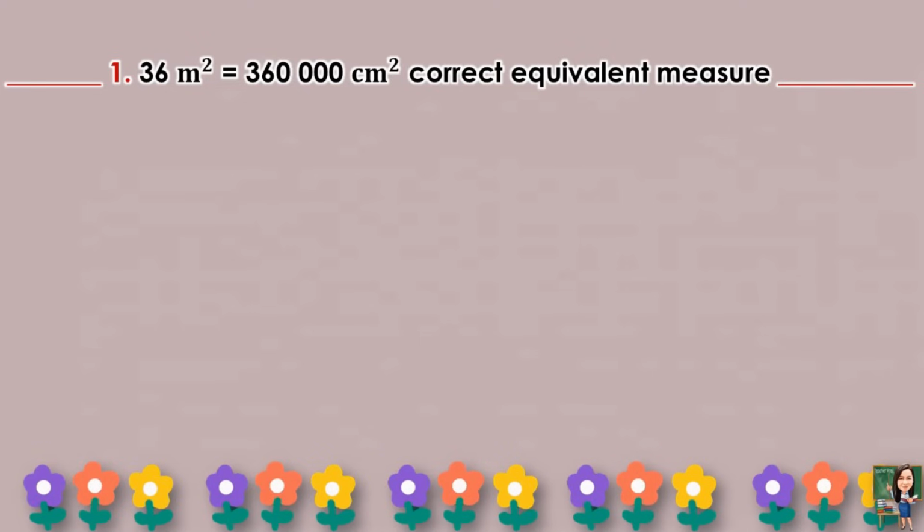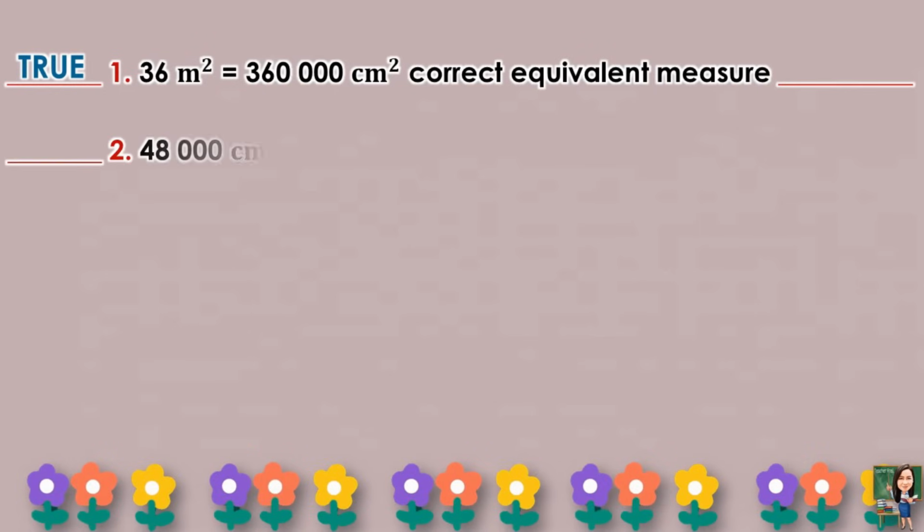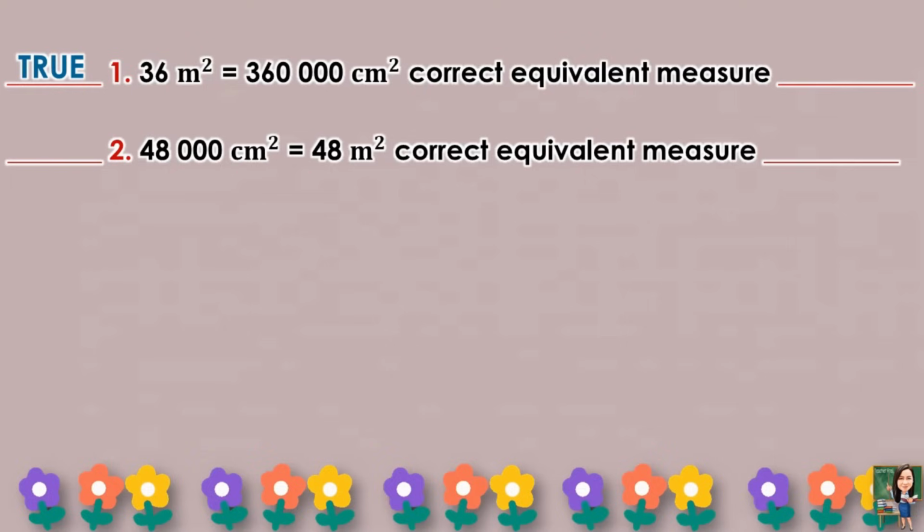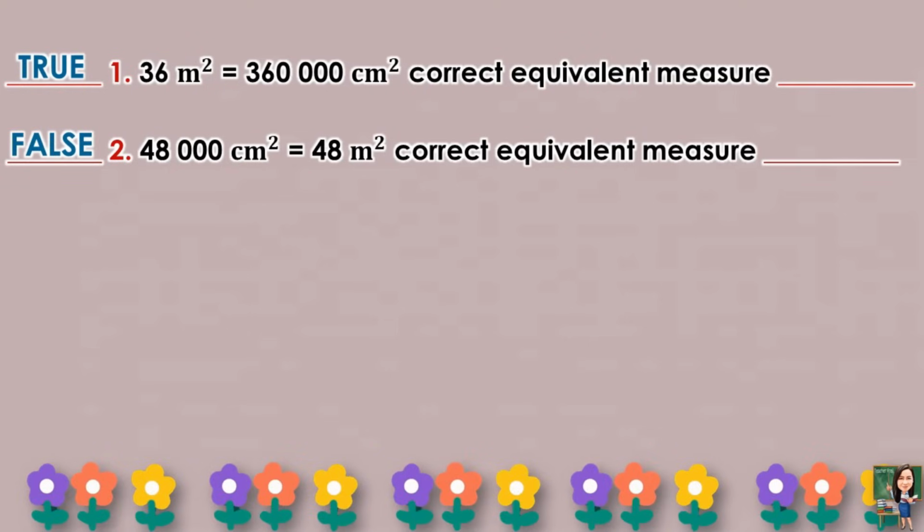The answer is true. Number 2. 48,000 square centimeters is equivalent to 48 square meters. Is it true or false? Very good. The answer is false. The correct equivalent measure is 4.8 square meters.